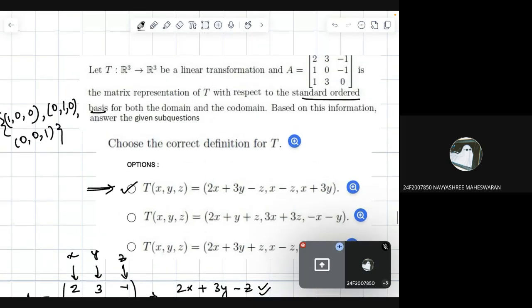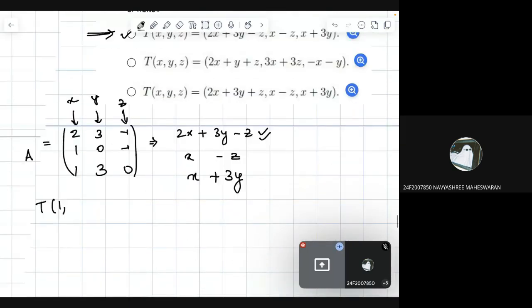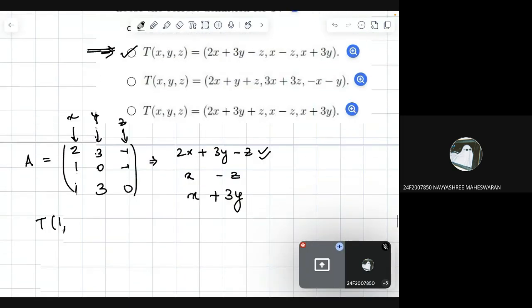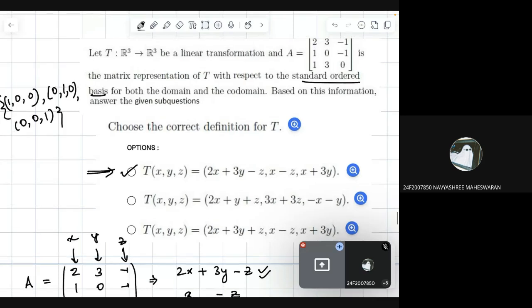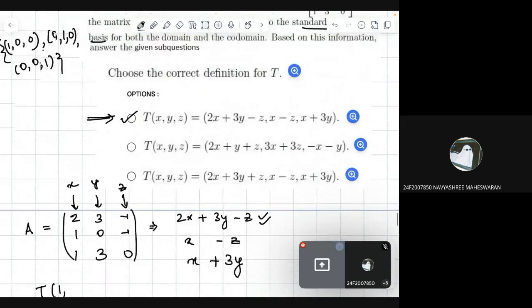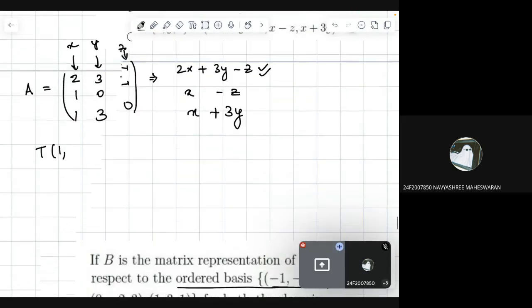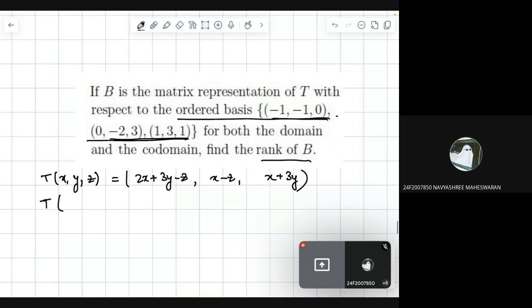We are going to apply this. Okay, cool. So what are we going to do here? We are going to apply the transformation to the elements of the basis that we have given here.